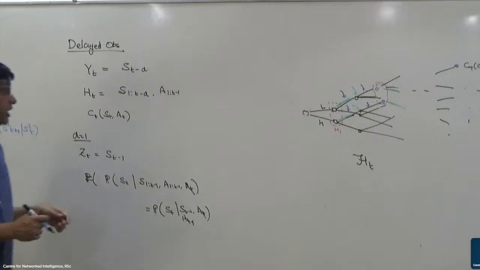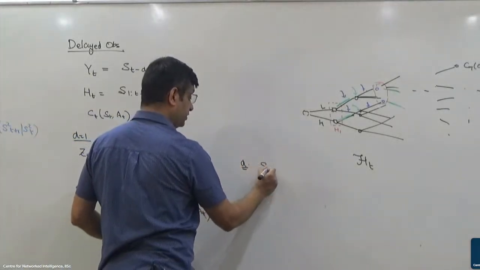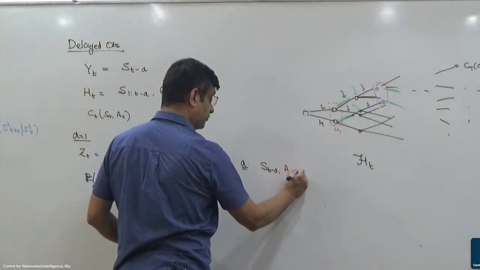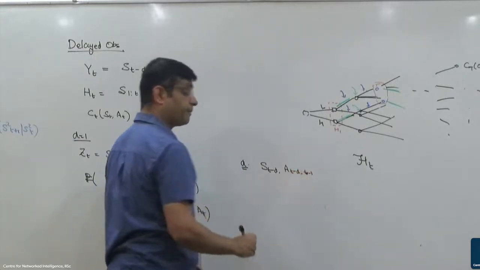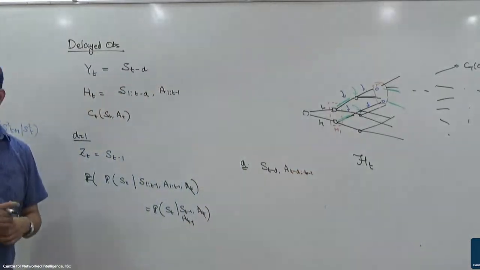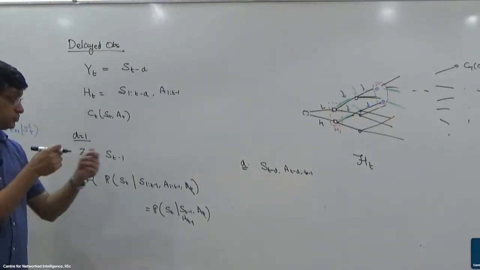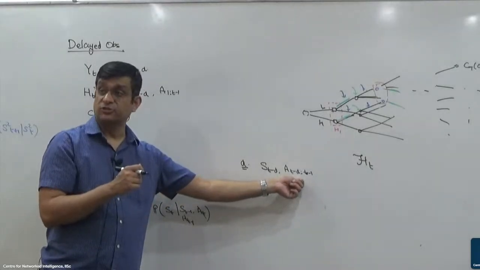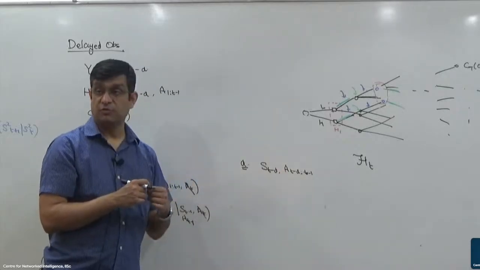So in general, for general d, it would be the state at time t minus d plus all the sequence of actions that I have done since then. So when I have delayed state observation, I can choose the state that I observed last and all the inputs that I had given to the system during that time, and this will be an information state.